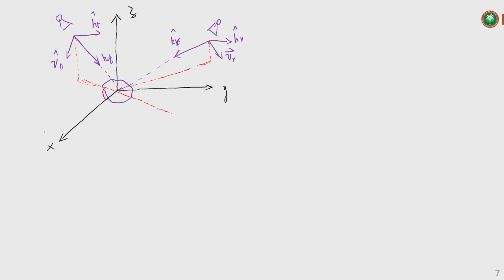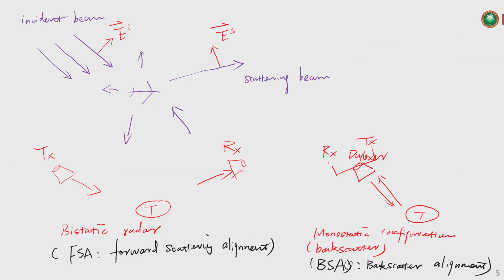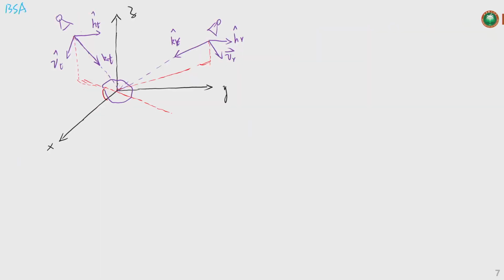For the backscattering alignment, firstly, as we said, we use just one antenna to radiate and then collect the signals or the beams. But for the simplification, we separate them.